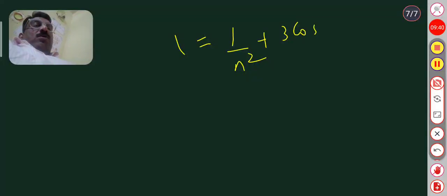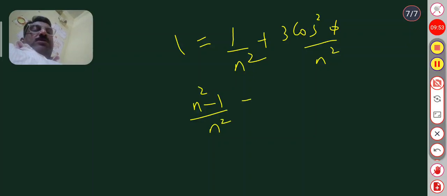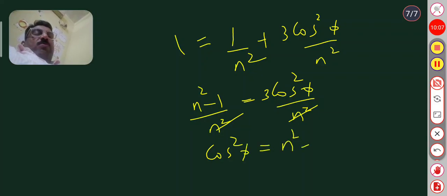If you take this 1 by n square to the other side, you will get n square minus 1 divided by n square is equal to 3 cos square phi divided by n square. N square and n square will get cancelled. So you get the relation cos square phi is equal to n square minus 1 divided by 3.